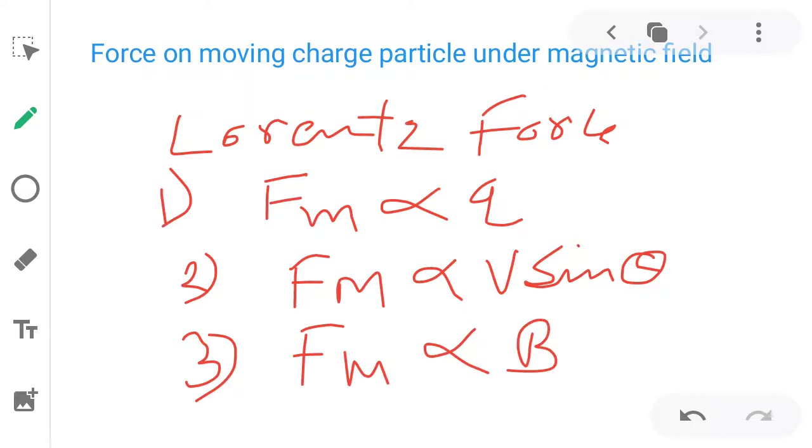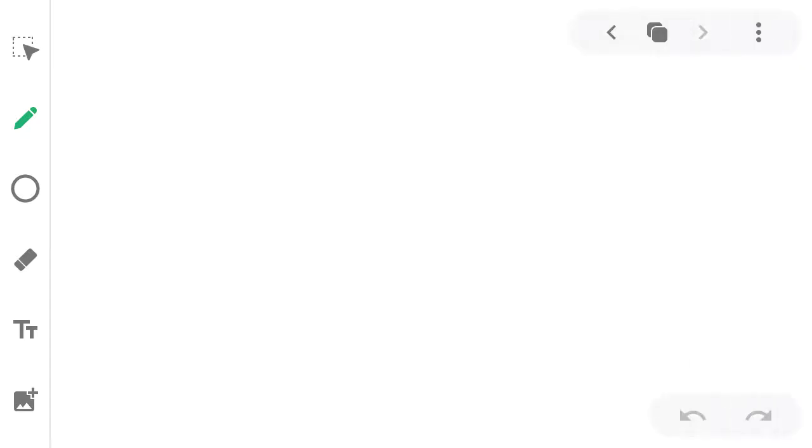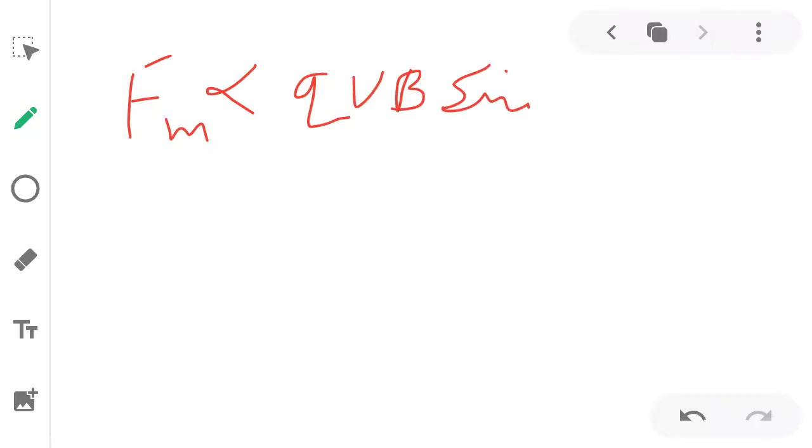After combining all these three, the Lorentz force F is simply qvB sin theta. We can remove the proportionality constant.